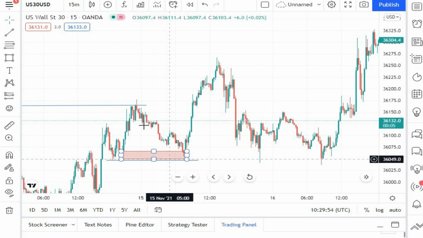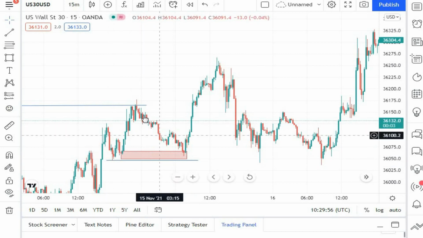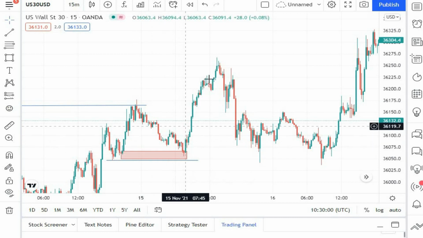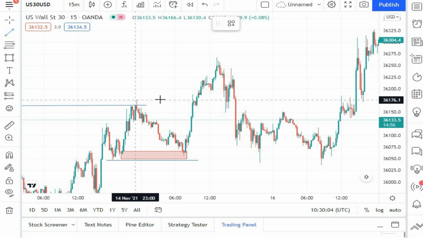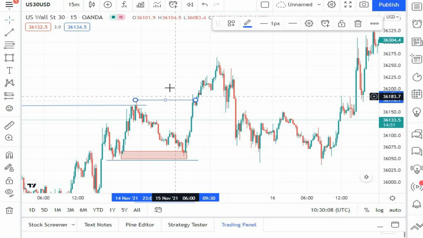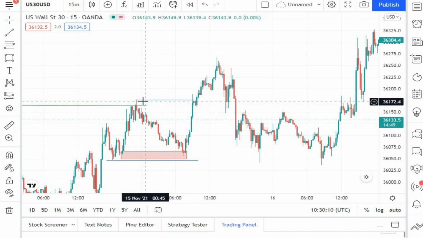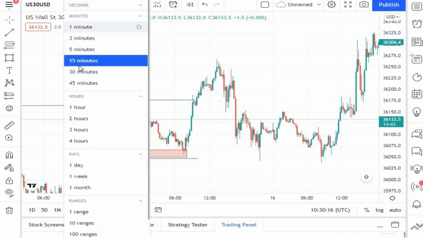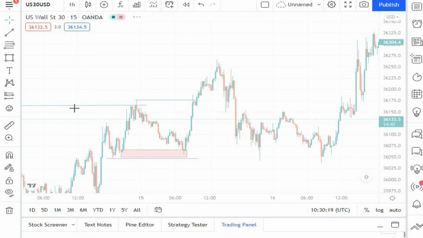And then the price came back with the compression as a nice price approach to the OB, and then picked the orders and went up. So meaning if you use this higher high, as we always say, use the previous high as your take profit, your take profit was going to be smashed. And now guys, let's go back to H1 time frame and show you how we were going to take these shots.